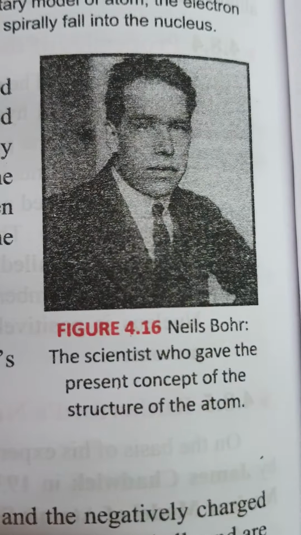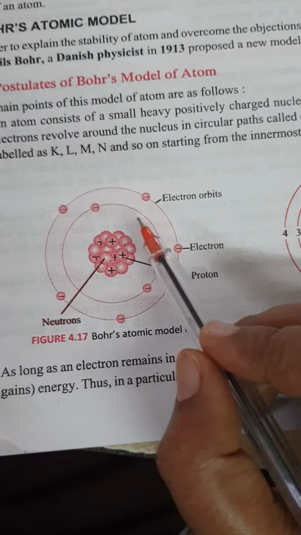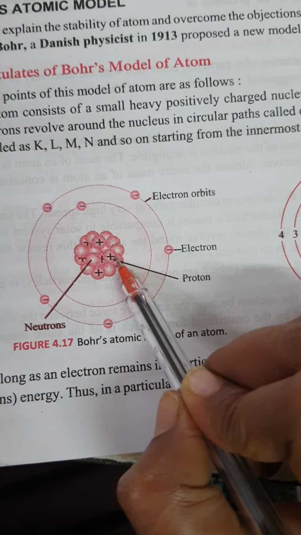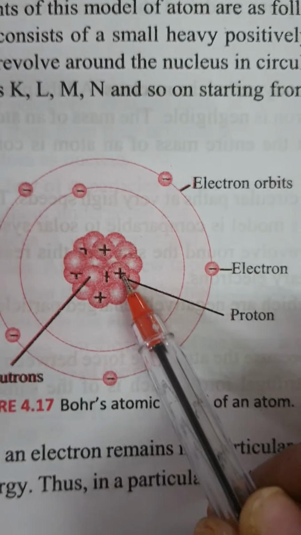He is Niels Bohr, the scientist who gave the present concept of the structure of the atom. According to him, the positively charged protons and neutral neutrons are present at the center of the atom, and this portion is known as the nucleus. What is a nucleus?